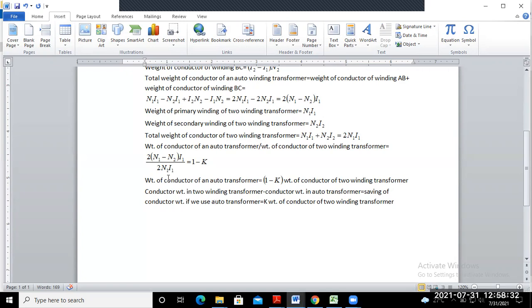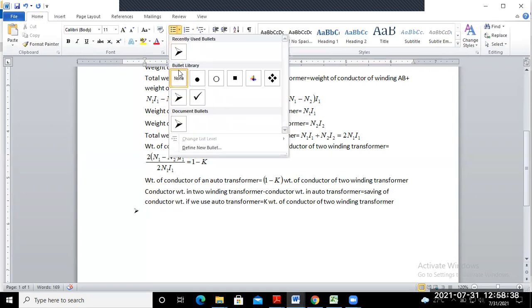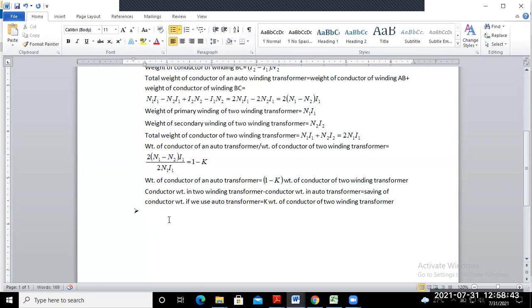So next, the second one. Since there is a reduction in the conductor material and core material, the ohmic losses in the conductor and the core are less in an auto transformer.